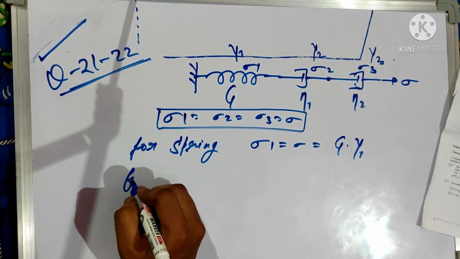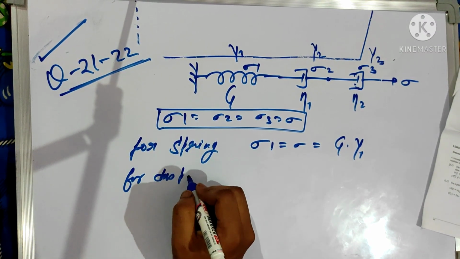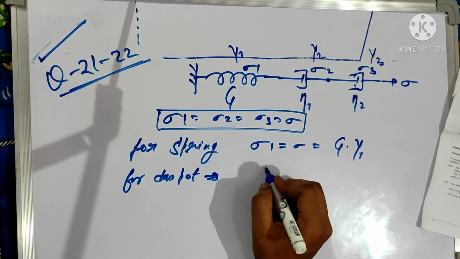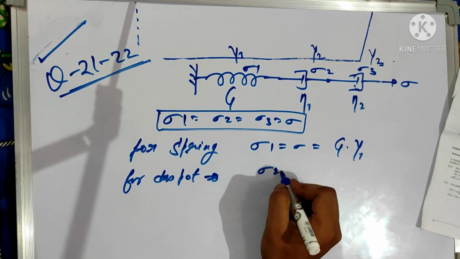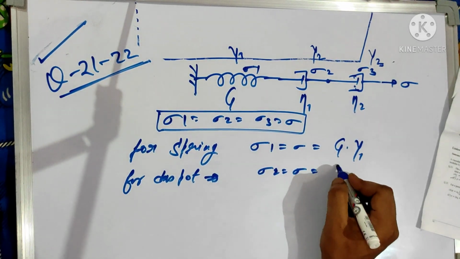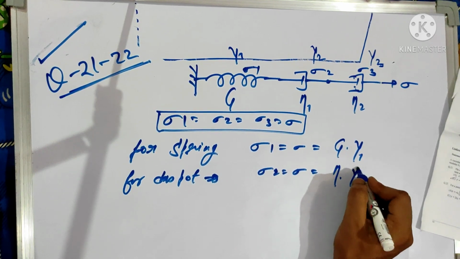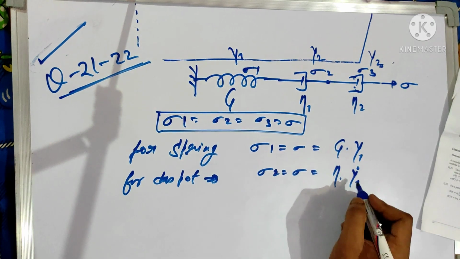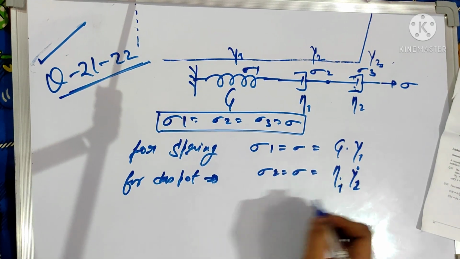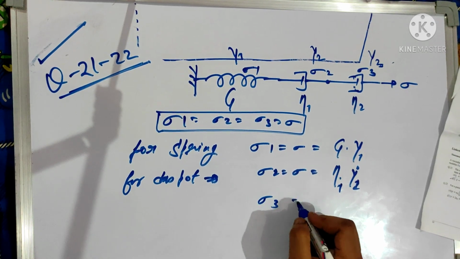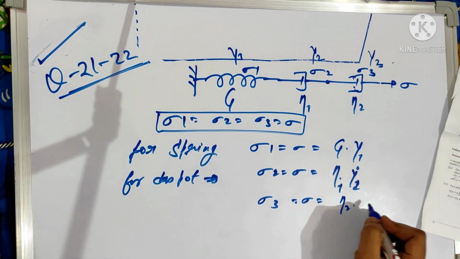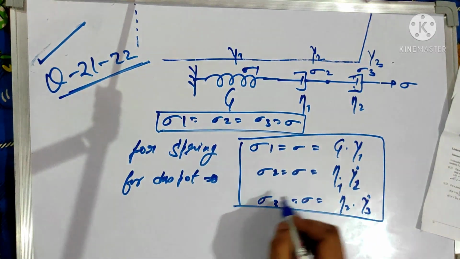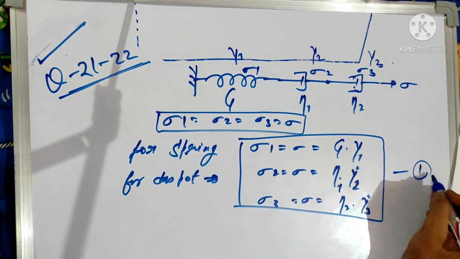And for the dashpots, sigma 2 is equal to eta 1 into shear rate 2, and sigma 3 is equal to eta 2 into shear rate 3. Equation number 1.